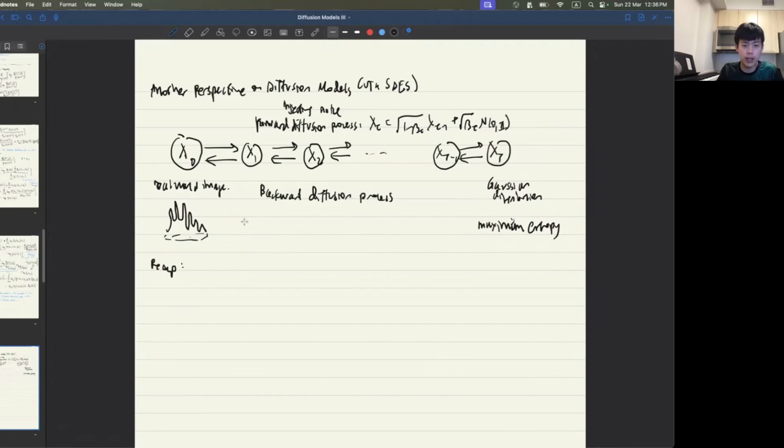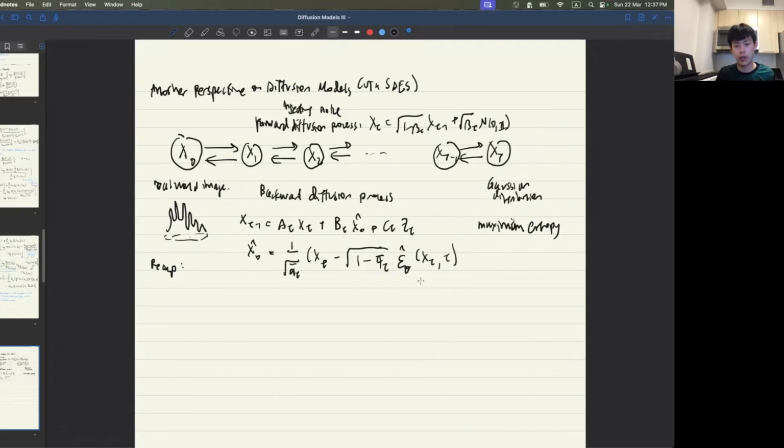The key equation over here is that we can get the previous state through a linear combination of our current state and our prediction of the initial state x0 with some noise. And this prediction of the initial state is done by the following equation, which is basically just by making x0 the subject in the n-step forward diffusion equation, where we use a neural network to predict the cumulative noise from x0 to xt.